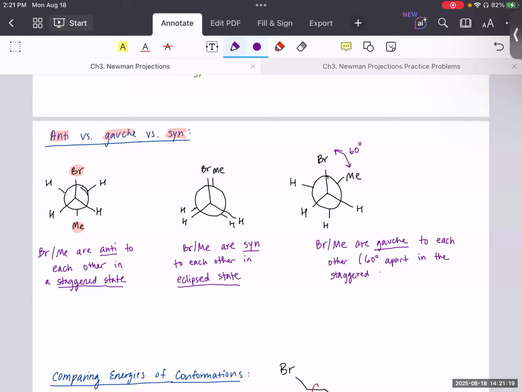We could also technically use the same term to describe something like this methyl and this hydrogen, that they're also gauche to each other because they're 60 degrees apart.